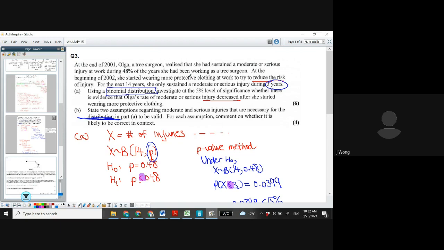So in the answer they say that one of the assumptions is the probability has to be constant, but our comment should be that it is not really the case, because along the years the person will get older. So the probability of getting injured does not stay constant at 48%.